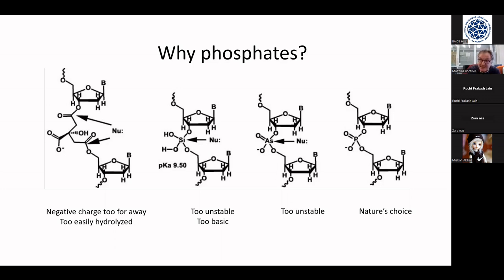What is less easy to see is why it's not good if you took something like citric acid on the left. And the answer is that for the negative charge really to protect against nucleophilic substitution, it has to be really close by.